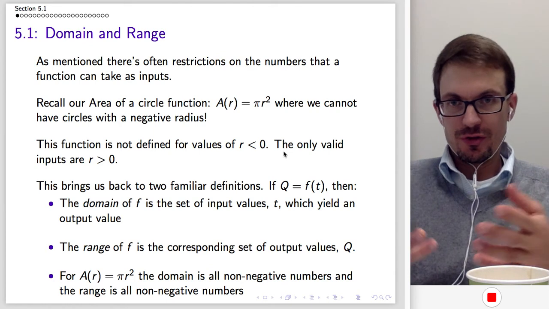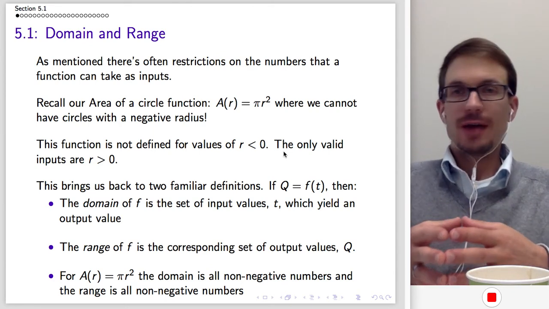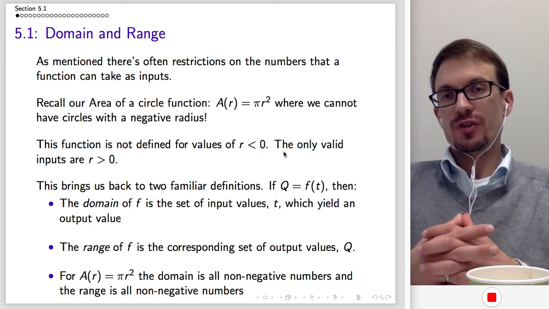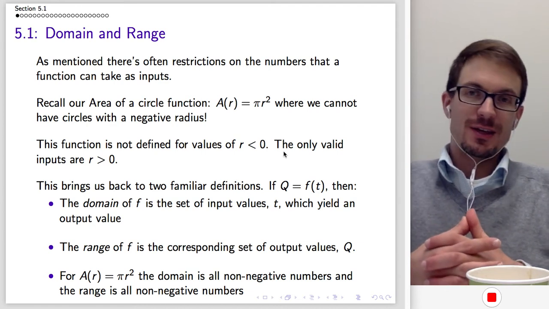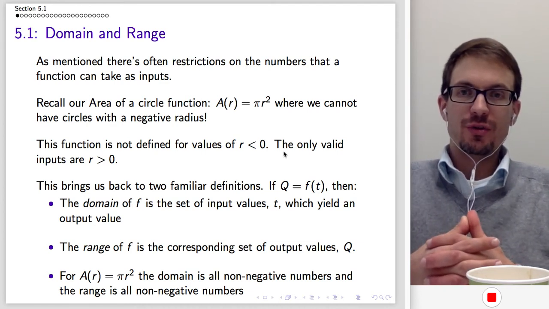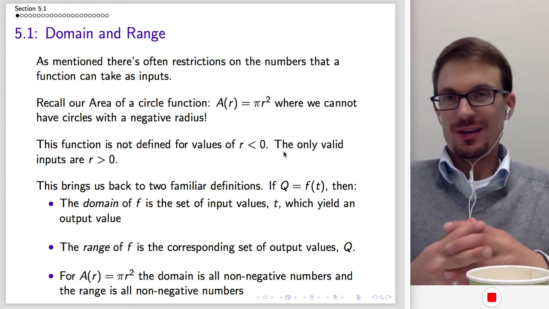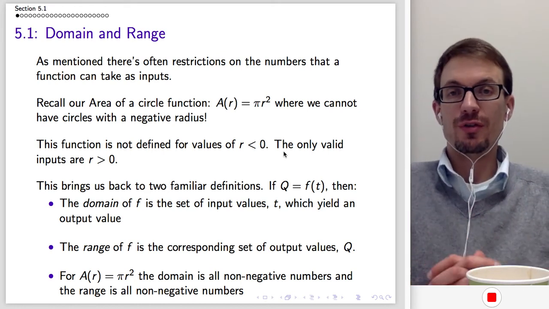Previously, we mentioned that there's going to be some types of restrictions on the numbers that a function can admit as inputs. So, for example, we had the area of a circle. We built a function, A of r equals pi r squared. So this is taking values of the radius, squaring them, and multiplying by a constant, pi, to give us the area of the circle.